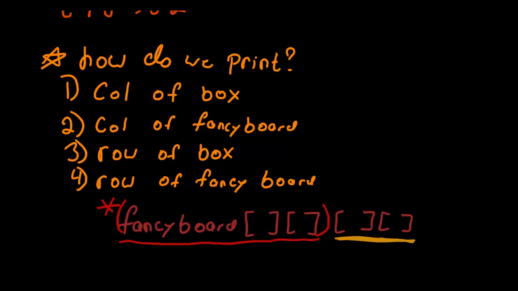So again, this is just going to be pointer to box, and this is just going to be the indices for our actual box. So it won't be as simple as saying I, J, K, L, and just throwing I, J, K, and L in here.